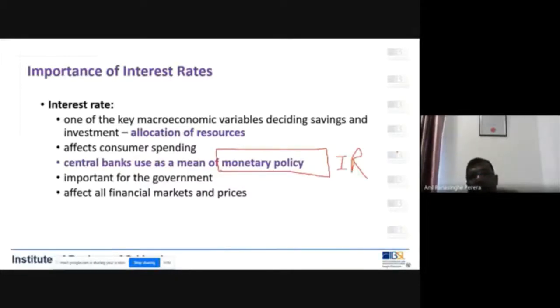Among these tools, interest rate is the most popular, most effective, widely used measure. Central banks have very few weapons with them, so interest rate is one of the main weapons for the central bank. Monetary policy is basically implemented using the interest rate. So it is important for the central bank.